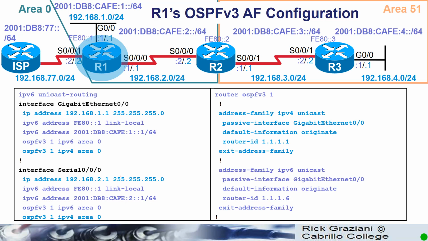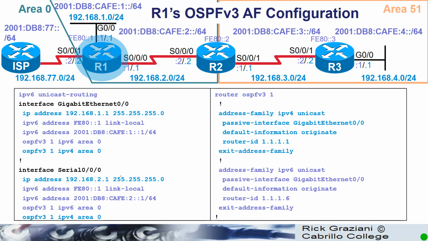How do we configure the address family configuration? We've already gone through this with the IGRP, so we're doing the same thing, but with OSPF. Make sure unicast is enabled. Go to the interfaces, IPv4 address, IPv6 addresses, then the appropriate OSPFv3 for IPv4 and for IPv6, and then configure the routing commands.